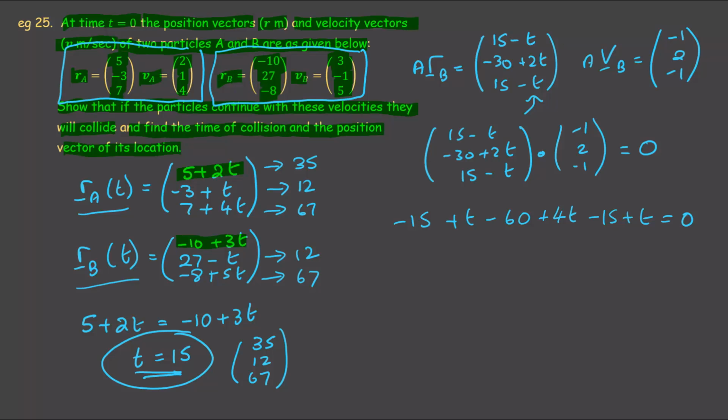So that gives us 6t take away 90 is equal to 0. 6t equals 90 gives us that t is equal to 15. And then we would just go back and find the position vector.